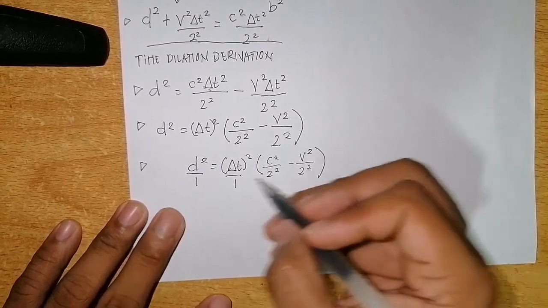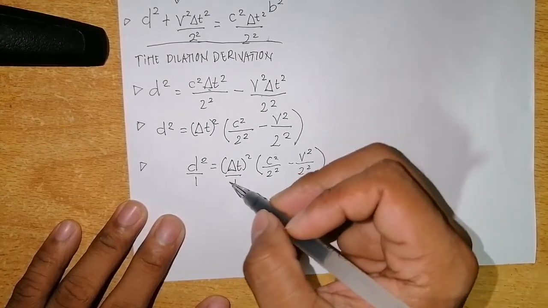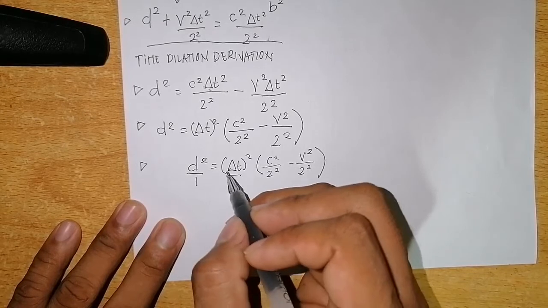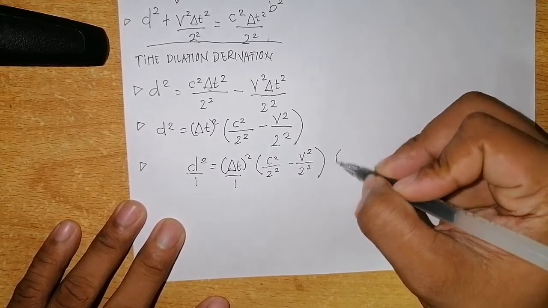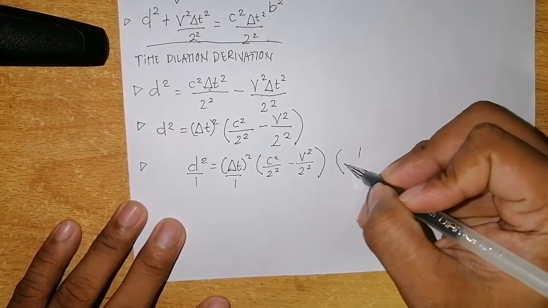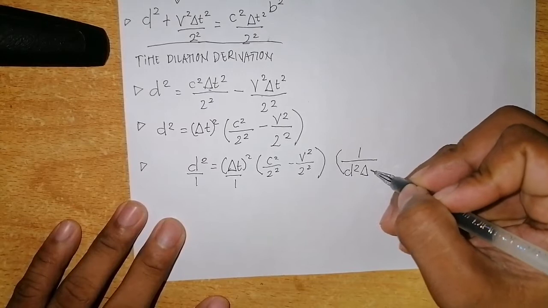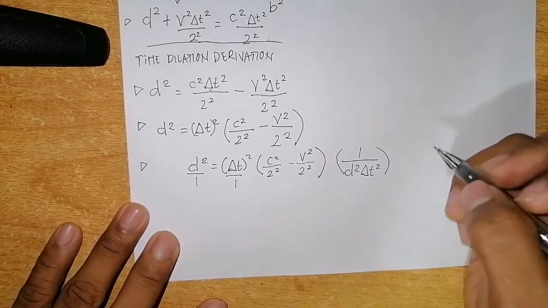We just need a reciprocated copy of these two things to get rid of them on every side. So what I mean is that this is 1 over d squared, delta time squared. So this is how it works.